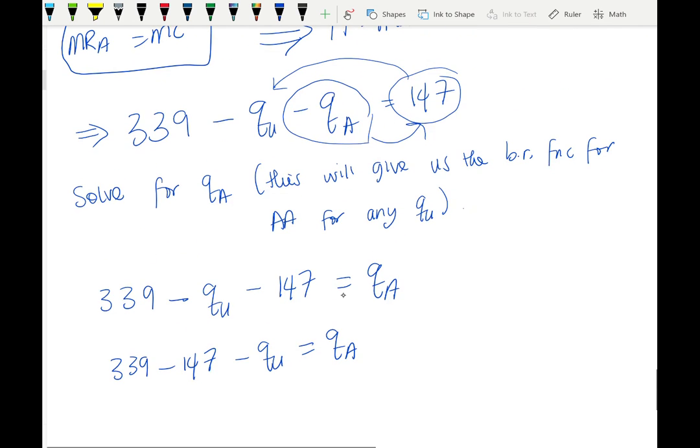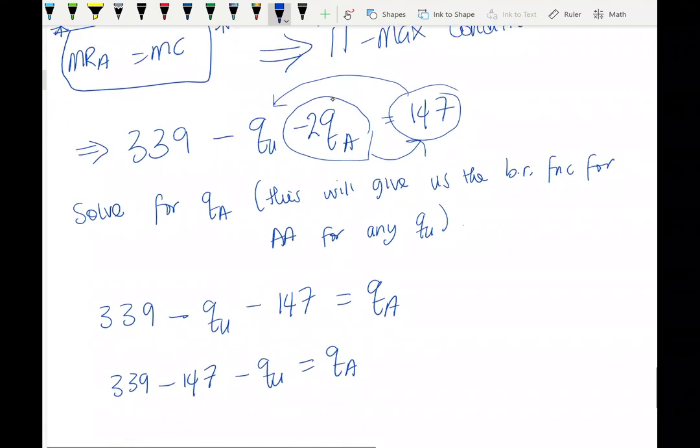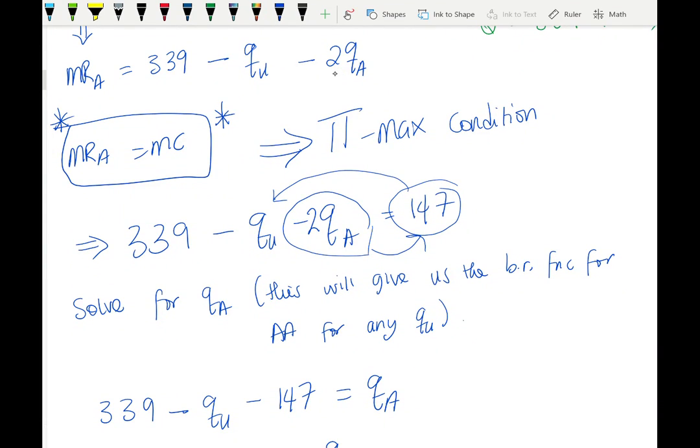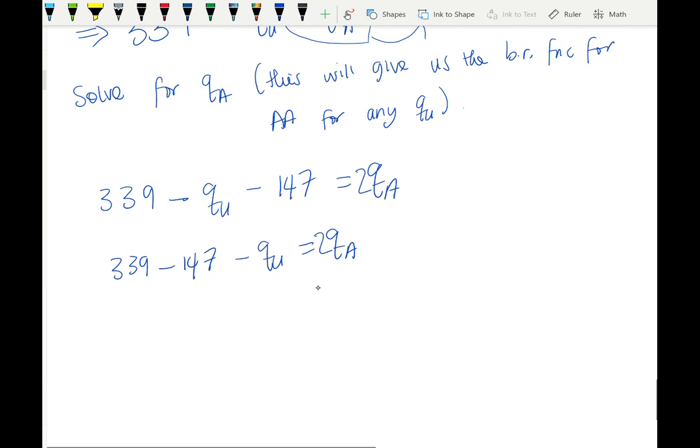Did I drop a term? I did. We have our 2 here. That happens, guys. It's very important to check your numbers. No matter how much math fights against us, we will rage back. Okay, so we're going to divide both sides by 2 to get QA by itself.